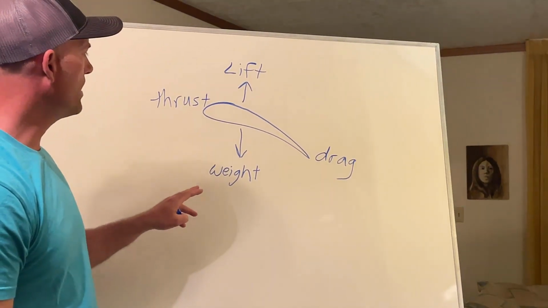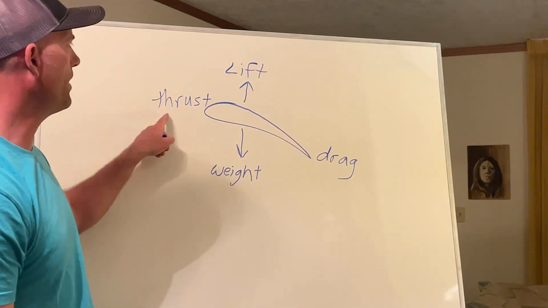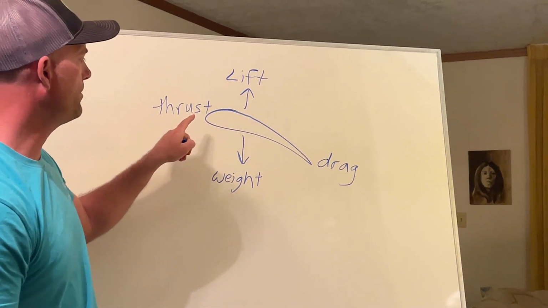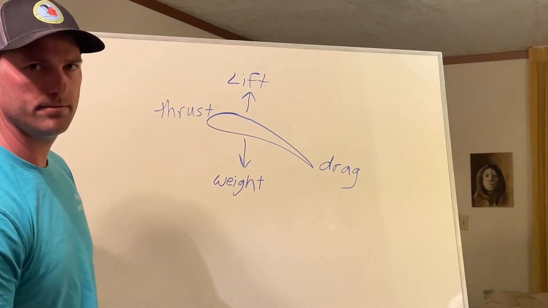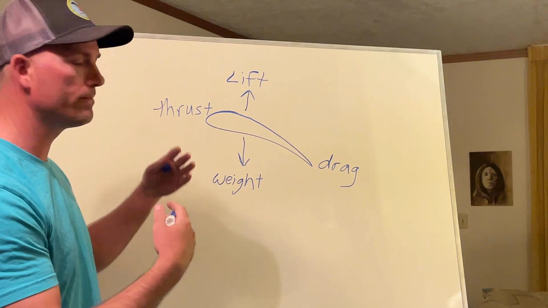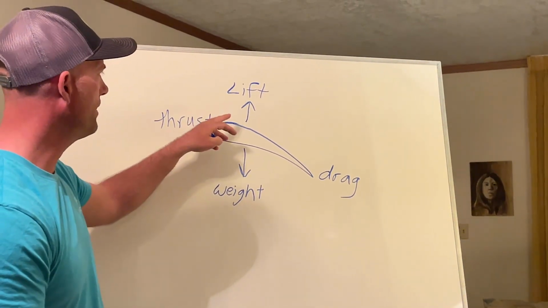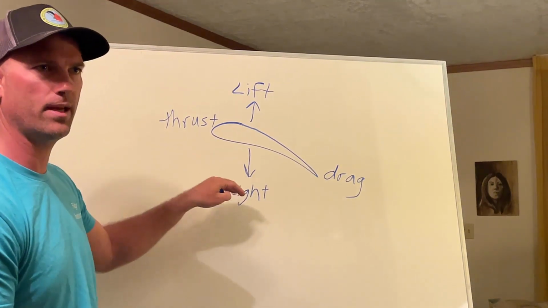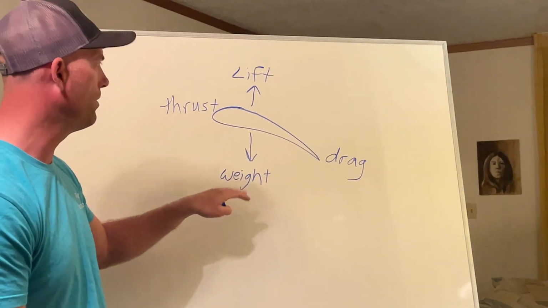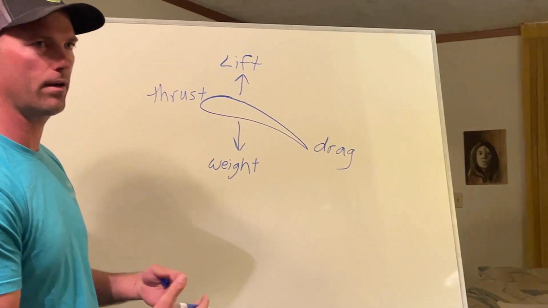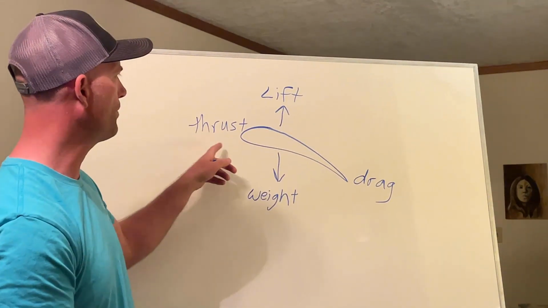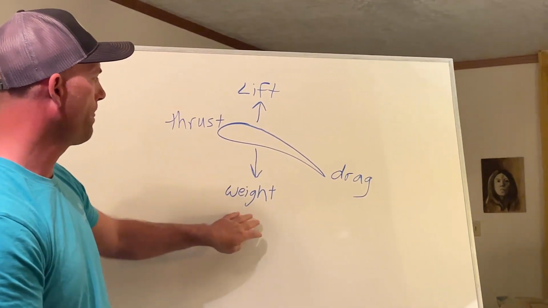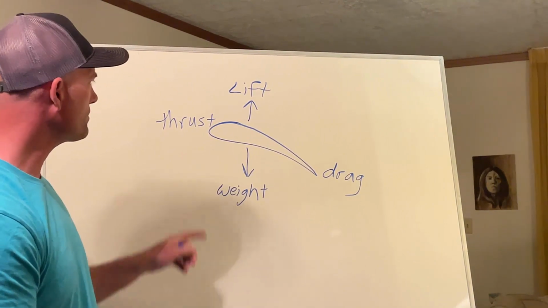So in order to generate lift, the thrust has to be equal to or greater than the drag, and the amount of lift that's generated has to be more than how much weight is being suspended from the paraglider itself or an aircraft flying through the air, however heavy that is. The amount of thrust has to generate more lift than the amount of weight that it's carrying.